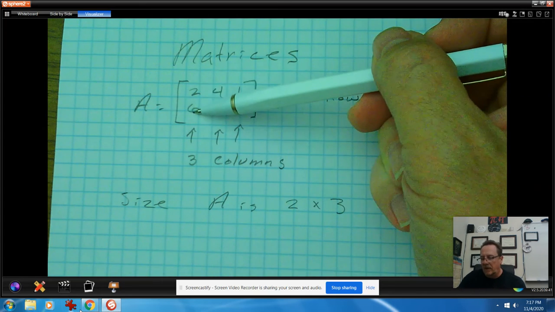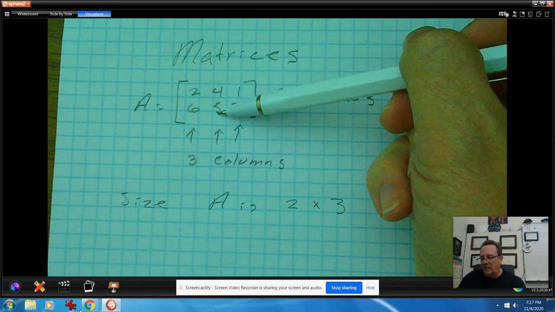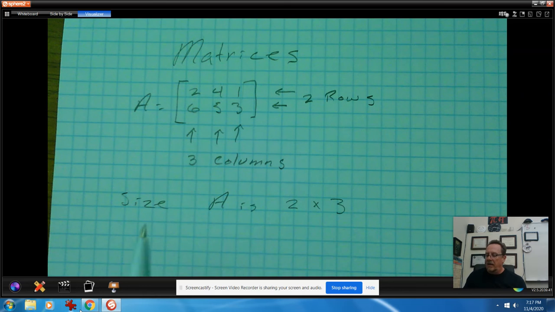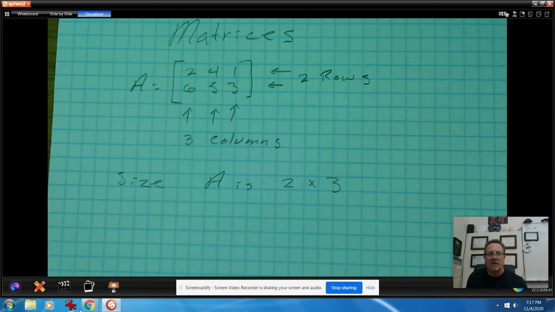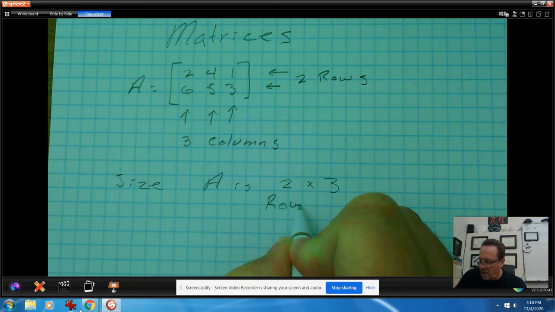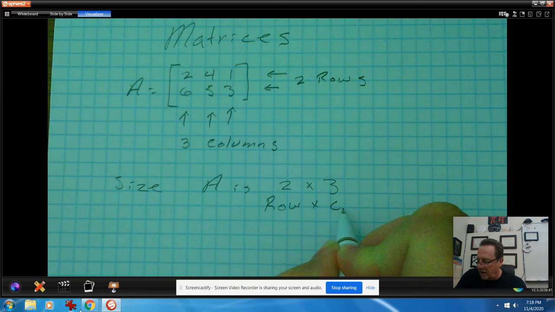So there's one column, two columns, three columns here. And that gives us the size of the matrix. We say that for its size, matrix A is a 2 by 3 because we always list things in row by column.